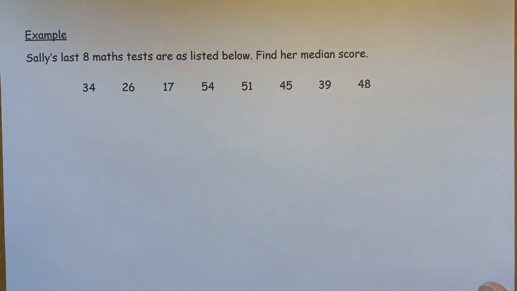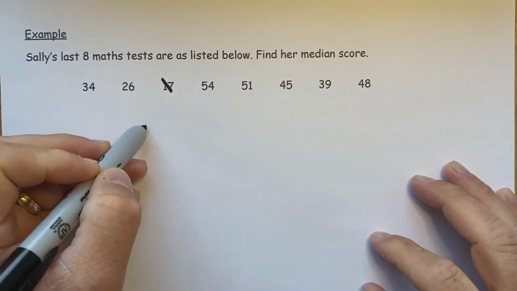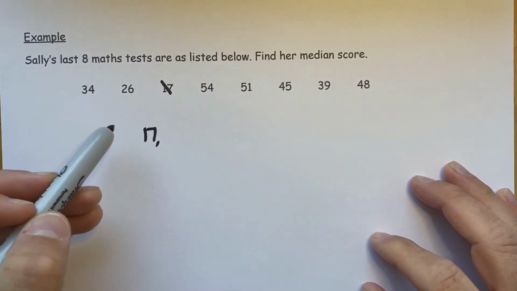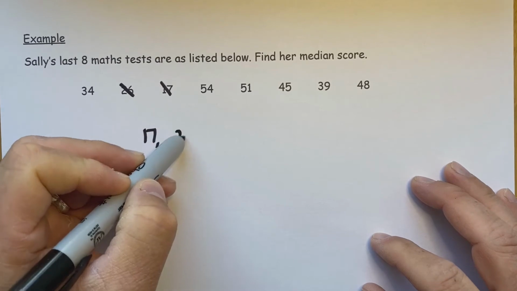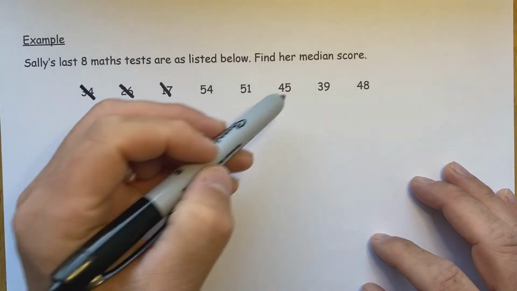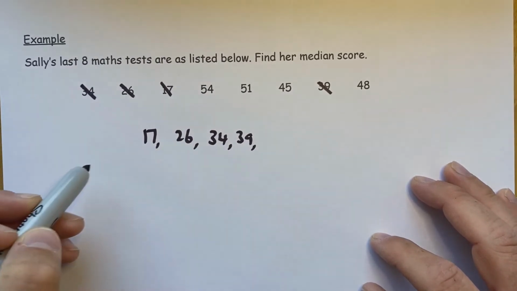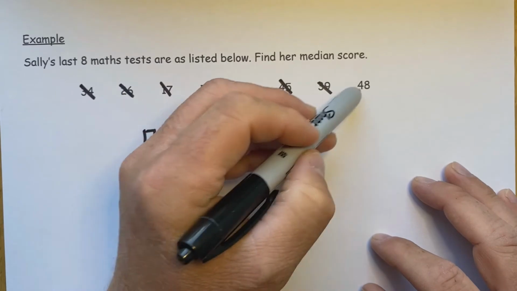Now, a median with more challenging numbers. We've got to look for the smallest number, which is 17. Then the next smallest is 26. Then in the 30s, we've got 34 and 39. Then we've got 45 and 48.